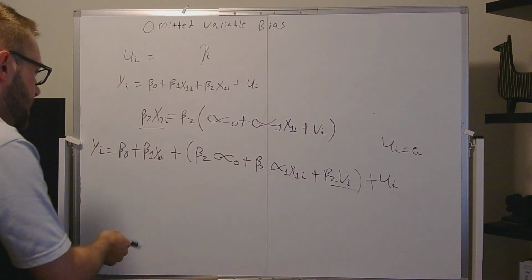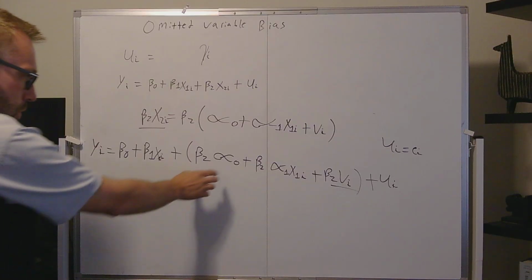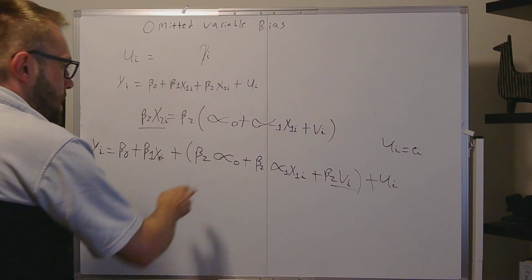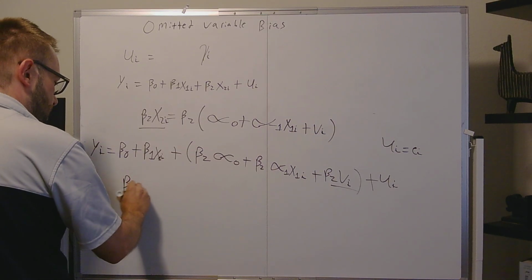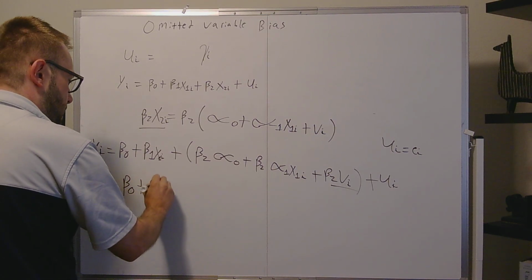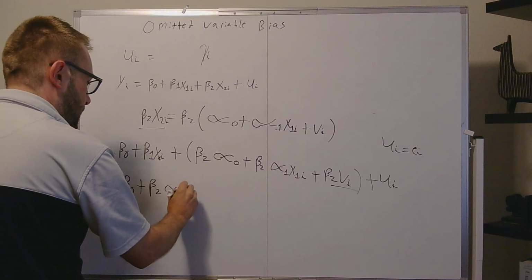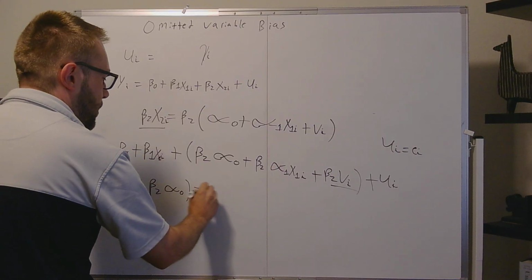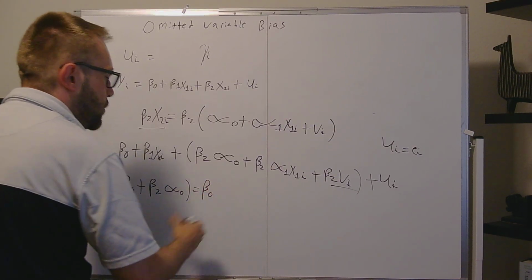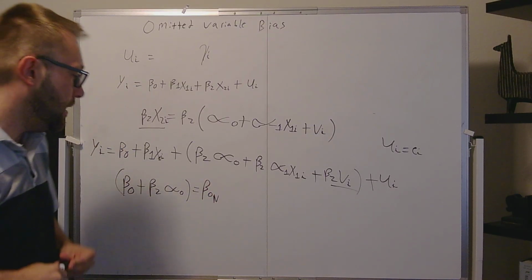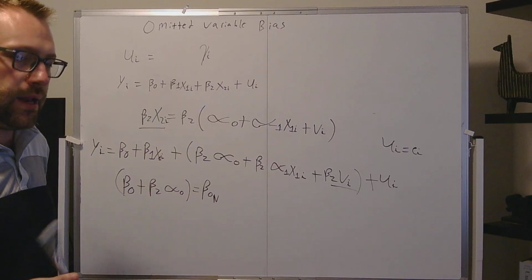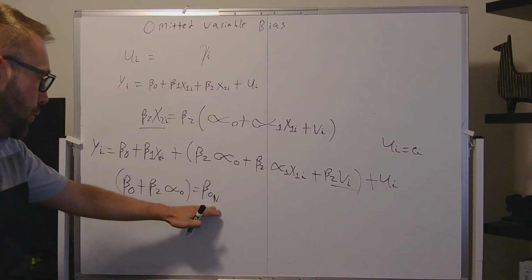So when we look at this, now if we want to start simplifying some terms, there's this idea that beta 2 alpha naught is just some intercept. So if we take beta naught plus beta 2 alpha naught, that'll just return for us some new beta naught. You could call it beta naught n, meaning new.